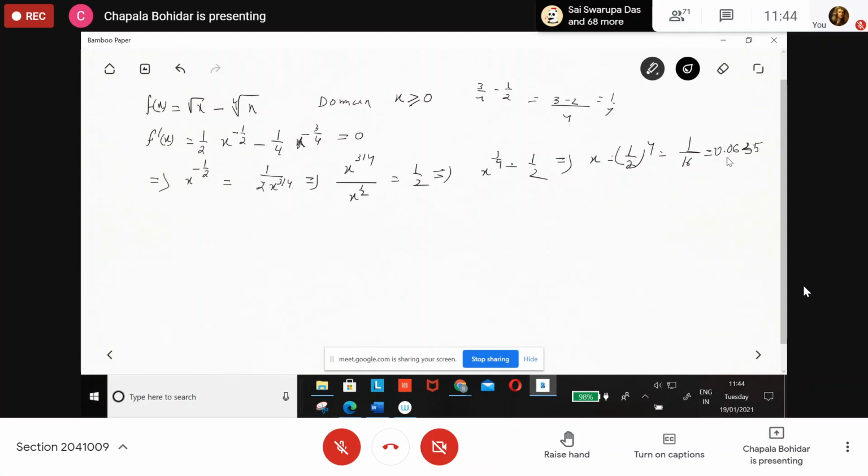Yes, I can write down the total. Okay, 0.0625. So now, what is the interval? First, what do we consider for the interval? The domain is given to you. Find out your interval.